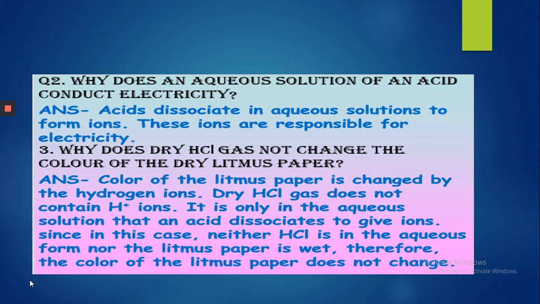Since in this case neither is HCl in aqueous form nor is the litmus wet, the color of the litmus paper will not change. That's why water is necessary to show the acidic properties of an acid. When we dissolve an acid in water, it releases its hydrogen ions, and because of these hydrogen ions the acid shows its acidic nature.